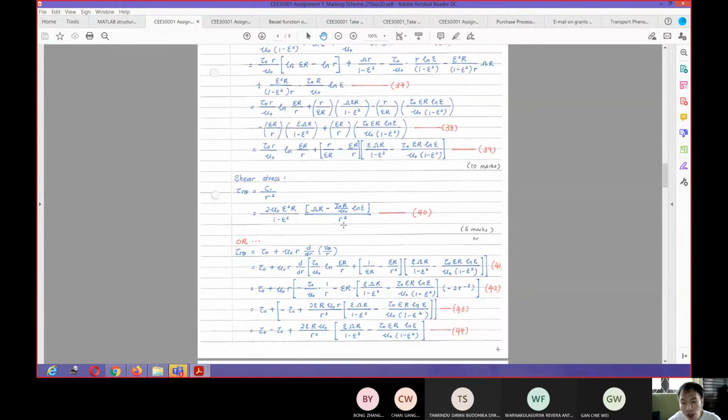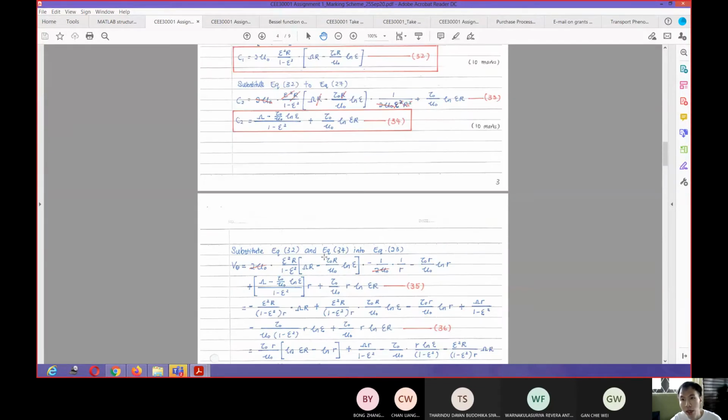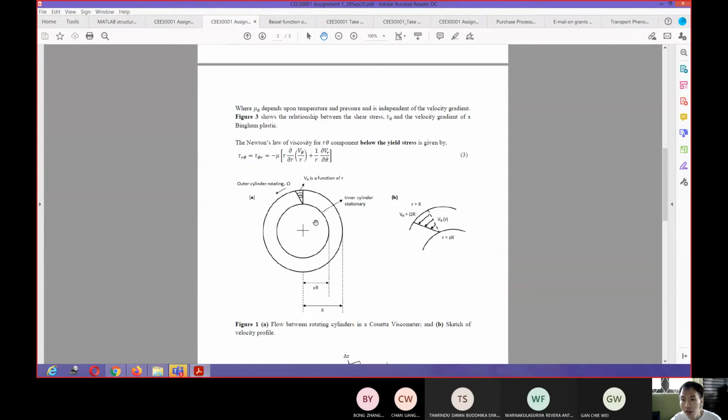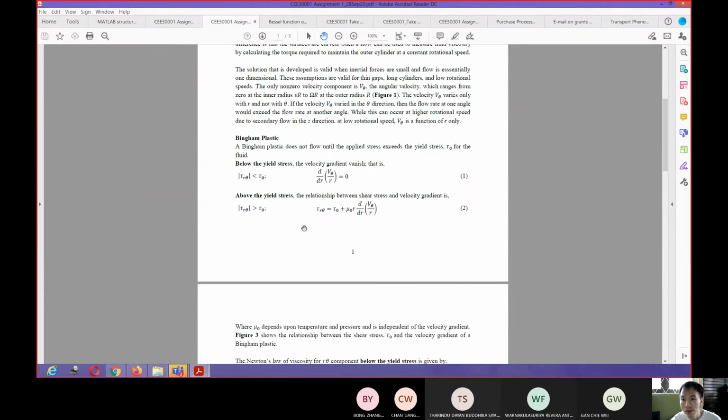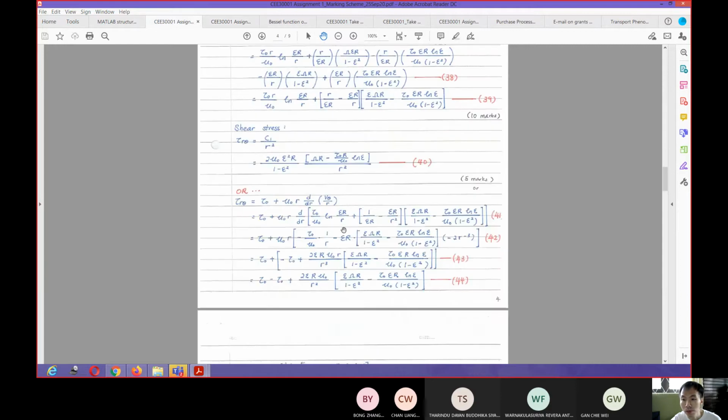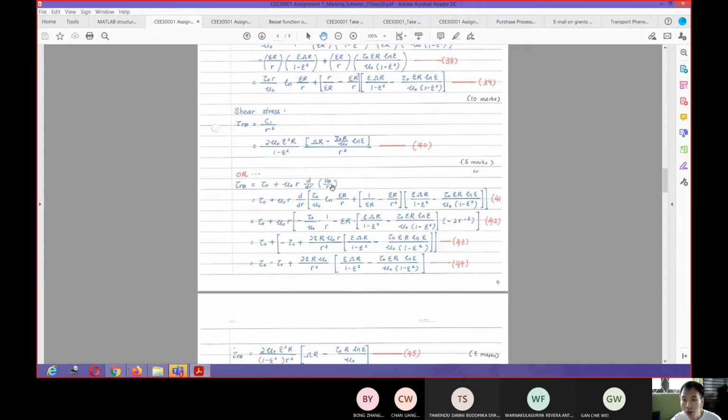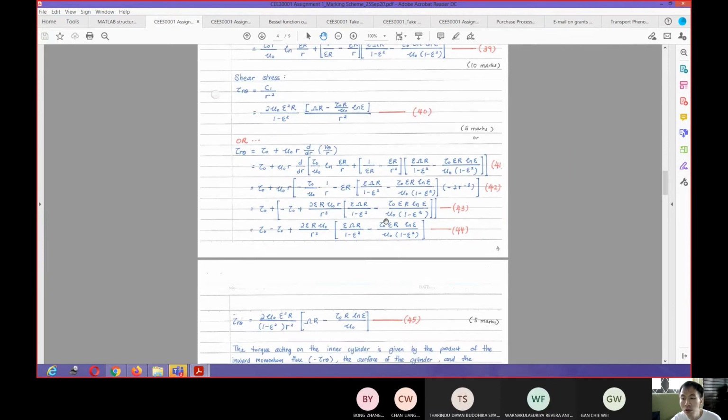Or alternatively, you can also derive this shear stress by the expression that I give you in this assignment. You put it in here, and what you need to do is derive these expressions with respect to r. And I want you to give me the details of the derivations, so that I see that you know what you are doing.